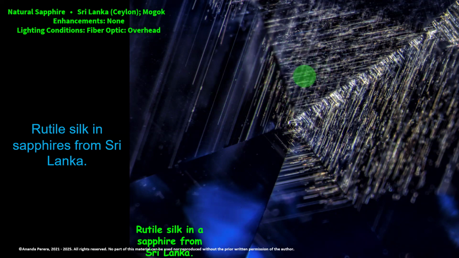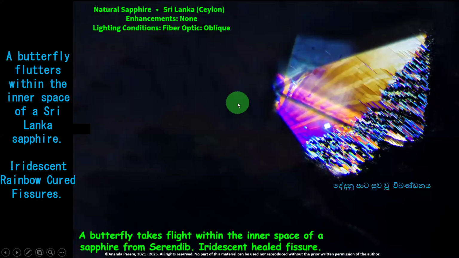So we are moving to next. Very beautiful inclusion here. It is colored one. Like a butterfly, it flutters within the inner space of a Sri Lanka sapphire. We can see it like a butterfly.